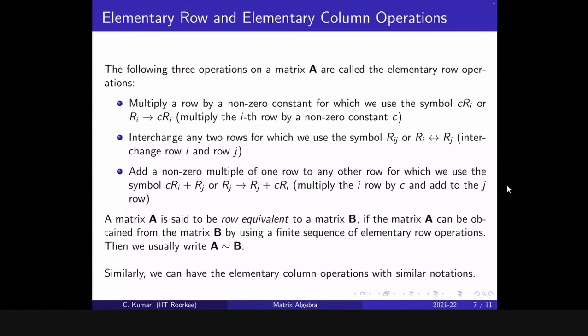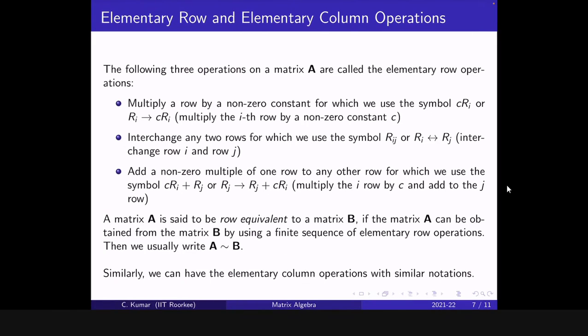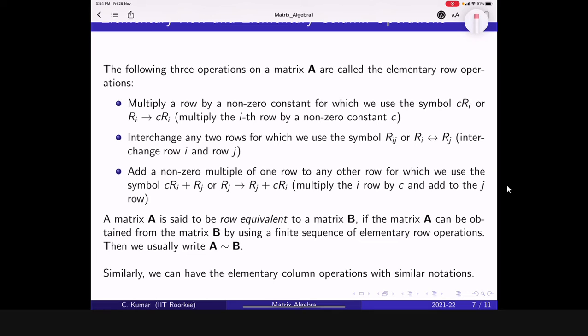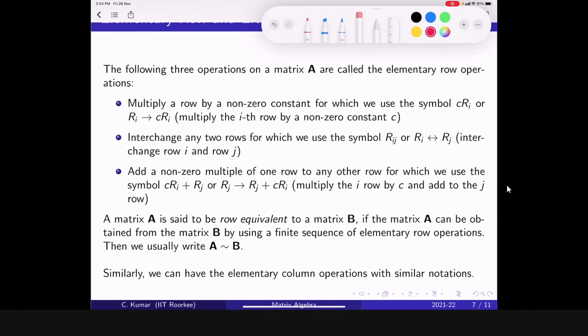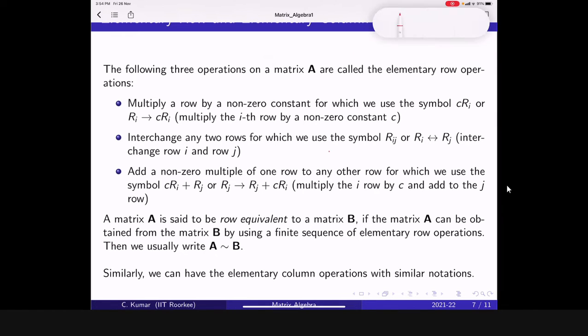Okay, so now we can perform three operations on the matrix A. First operation is multiply a row by a non-zero constant.